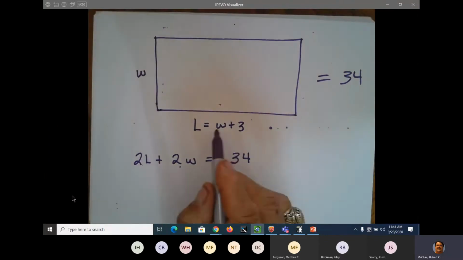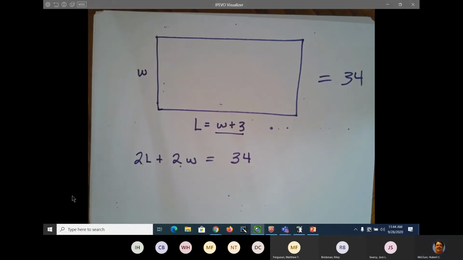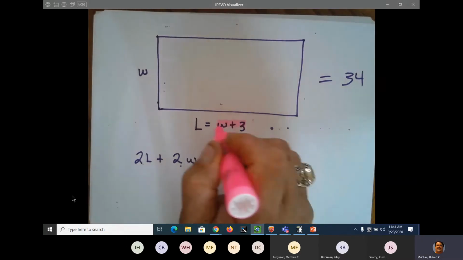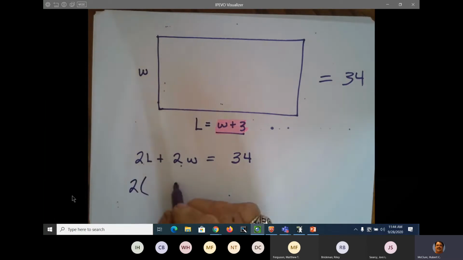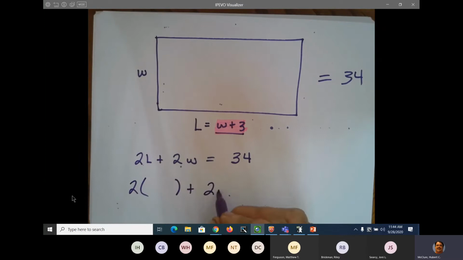But L is equal to this, so I'm going to take that and highlight it. And since that's equal to L, I'm going to plug that in for L. So 2 times parentheses plus 2W is equal to 34.